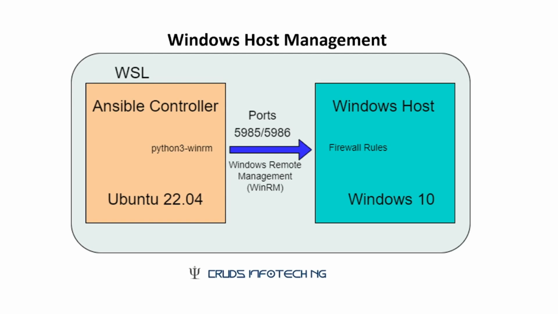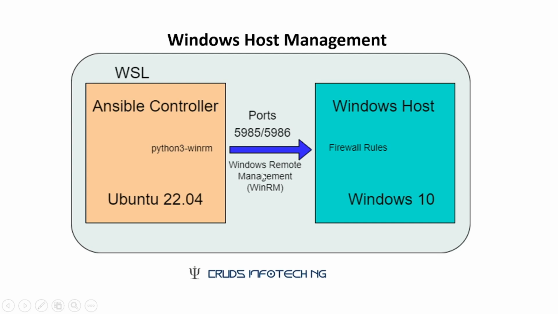Now for Ansible to talk to WinRM, it needs a small Python library. It needs the Python library because Ansible is written in Python. And on the Windows machine, in order to allow the communication to happen, a bunch of firewall rules will have to be enabled.